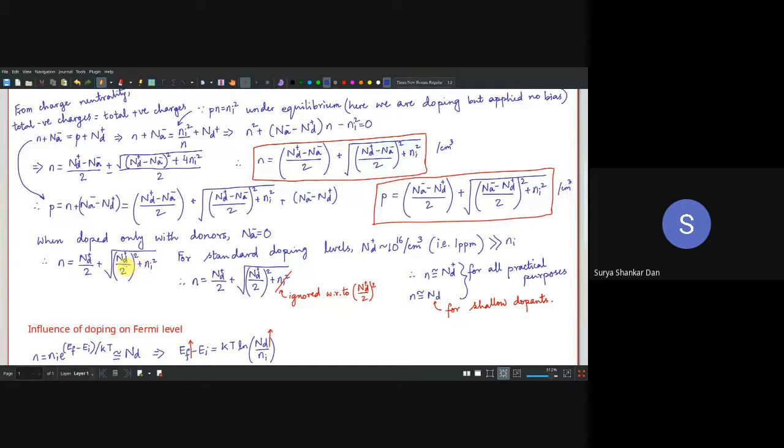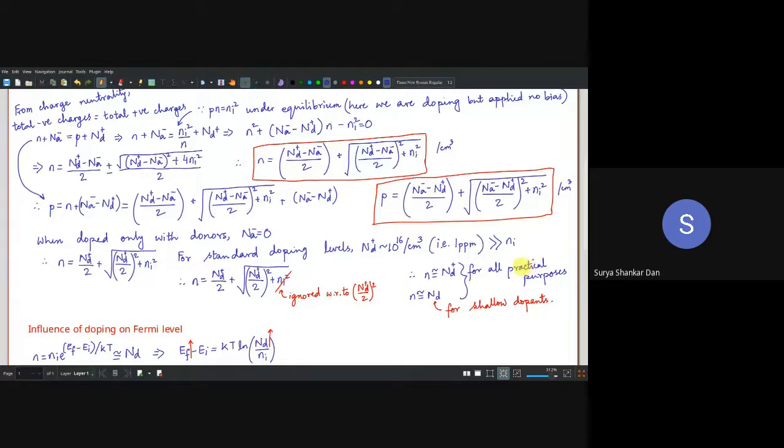So it is 10^16 squared plus 10^10 squared. Clearly, you can ignore Ni squared with respect to this (Nd/2) squared. So for the standard doping levels, small n is approximately equal to Nd+ for all practical purposes.